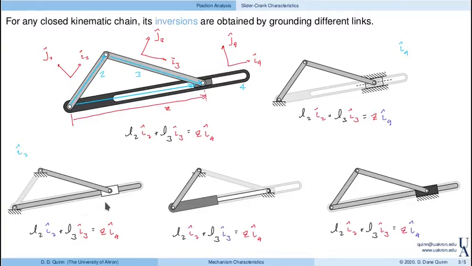And the loop closure equations for these 2 are very similar. The only difference is which direction is unknown. Here, the known direction is I3. Back over here, the known direction is I4. But by grounding different parts of this mechanism, we get different inversions of the same fundamental linkage.